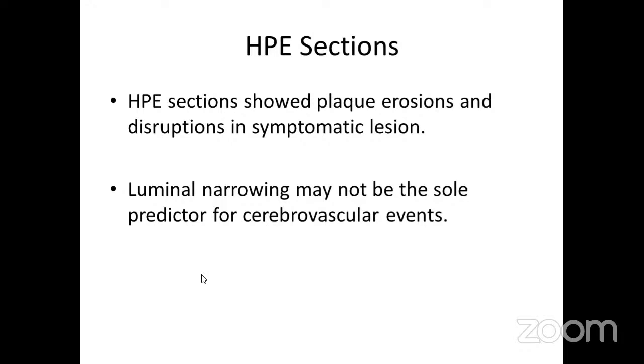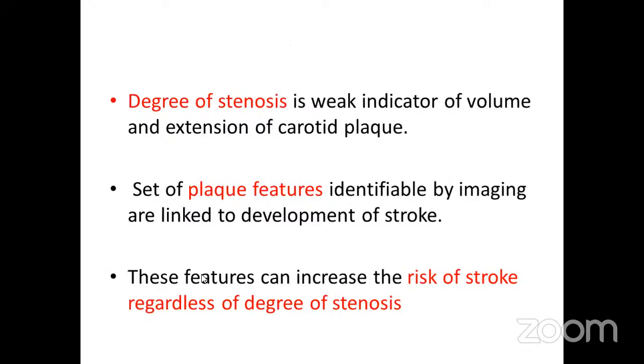By this, we can say that luminal narrowing may not be the sole predictor of cerebrovascular events. The degree of stenosis is a weak indicator of the volume and extension of carotid plaque. A set of plaque features can be identified by imaging which are linked to the development of stroke, and these features can increase the risk of stroke regardless of the degree of stenosis.